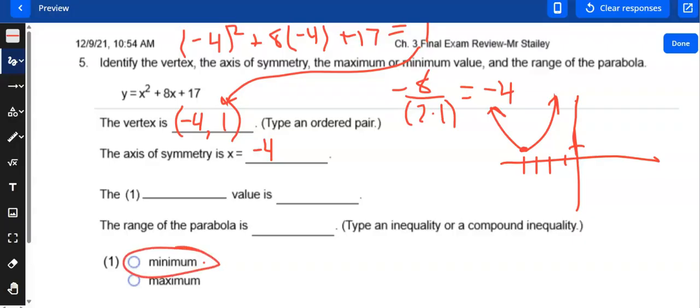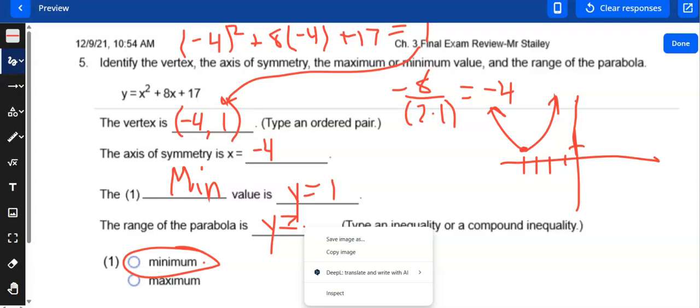We obviously have a minimum. And that minimum y value is +1. Since it has to go higher and higher and higher, it would be greater than or equal to that value, which is greater than or equal to 1.